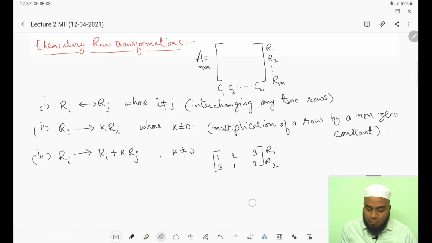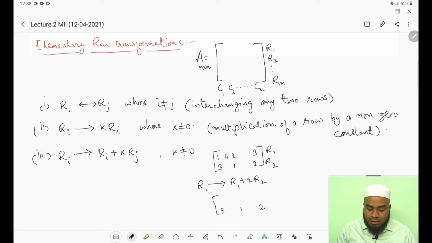Then the next one: R1 I am replacing with R1 plus 2 into R2, right? Then what will happen? The second row I am not doing anything, 3 1 2 will be as it is.